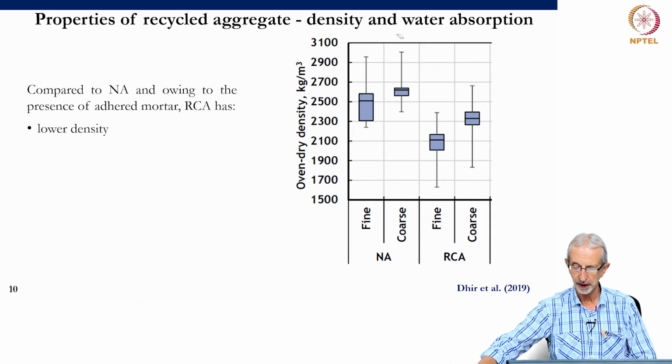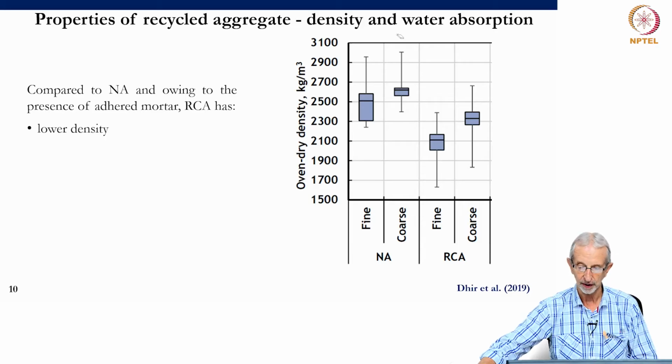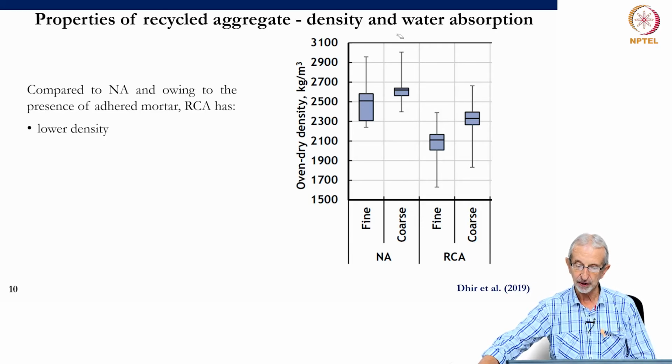And those whisker diagrams on the right, the fine and the coarse RCA, you can see the densities are substantially reduced, and the variability is increased, actually. And the differential between the fine and the coarse goes up because you're, in a sense, preferentially selecting materials that go into the fine fraction as compared to the coarse fraction.